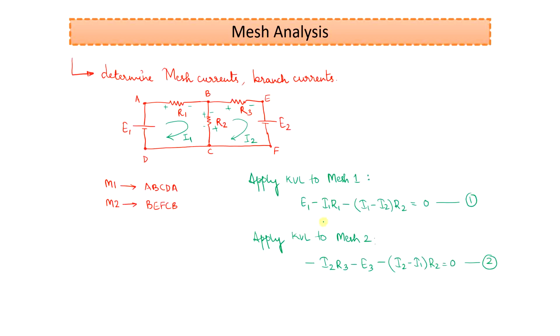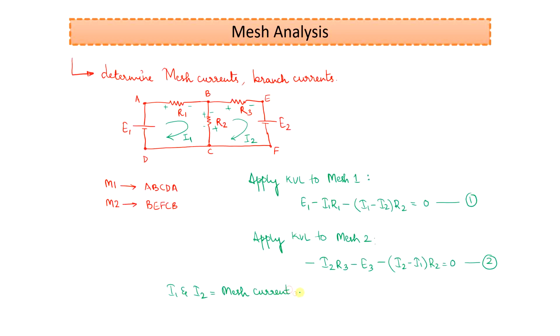Now you have two equations with two unknowns, and the two unknowns are the current I1 and the current I2. So you need to solve these two linear equations and determine the value of the currents I1 and I2. And these currents I1 and I2 that you have are nothing but the mesh currents.